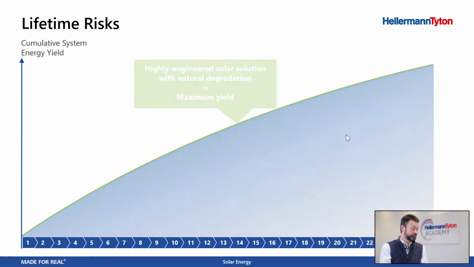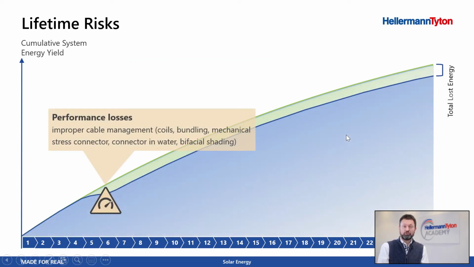The first thing could be that for some reason you're incurring performance losses you've never planned for. It means you suddenly get stress on connectors, the resistance of the connector is increasing, you might suddenly have a connector submerged in water you never planned for, you might have bifacial shading because the cables have not been laid out in a proper way and are shading the backside of the solar module.